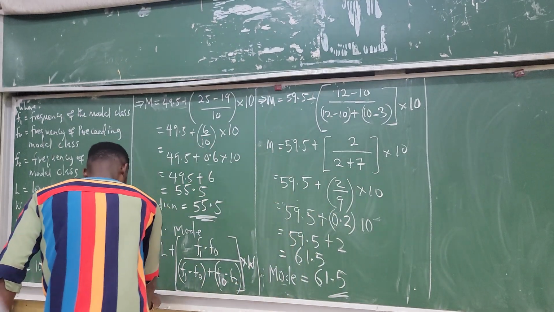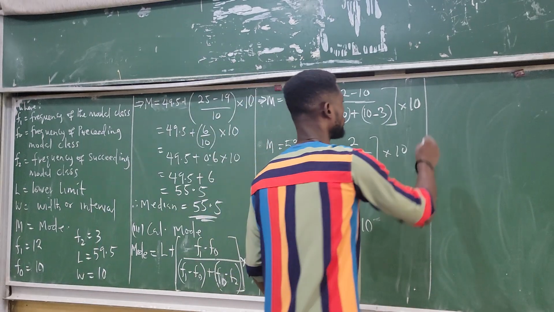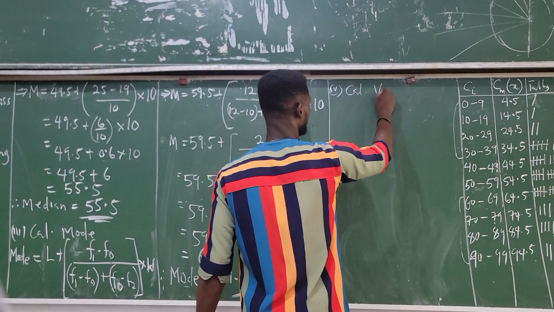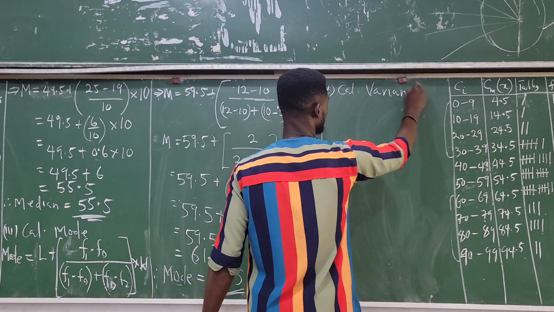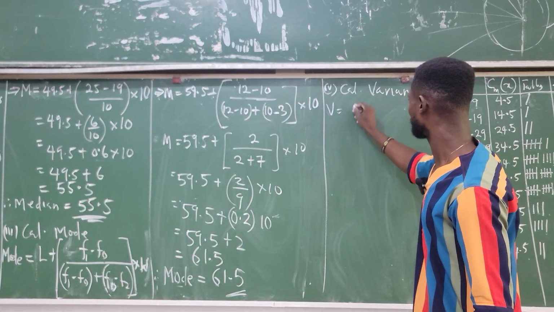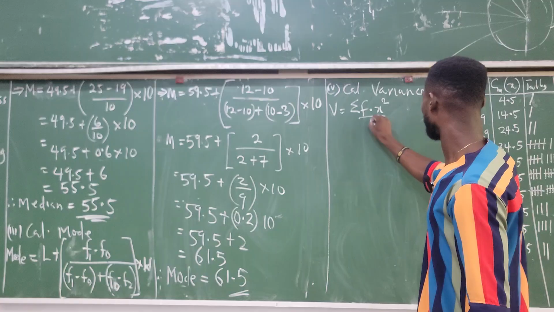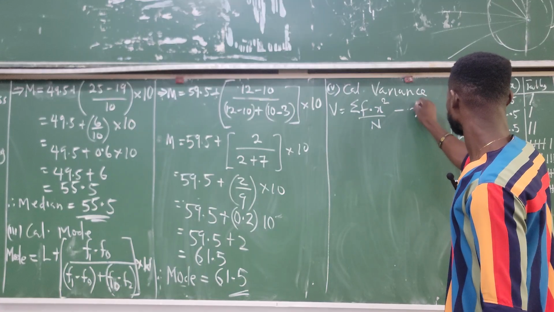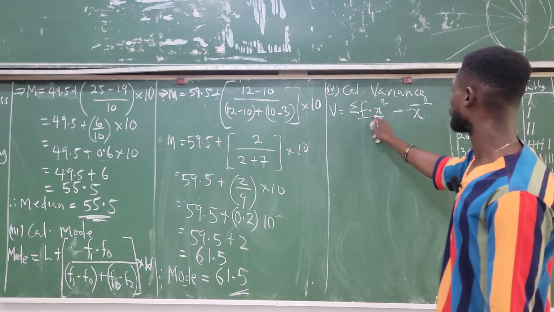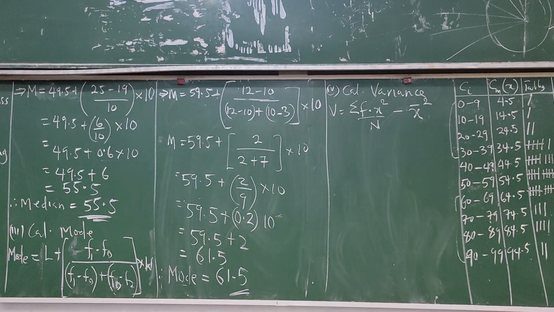So after mode we are asked to solve what? Solve the variance. So number four, calculate variance. Our variance is the summation of f dot x square over n minus x bar square. X bar is the mean, so mean square. So the summation of f x square, which we did here as 169092.5.